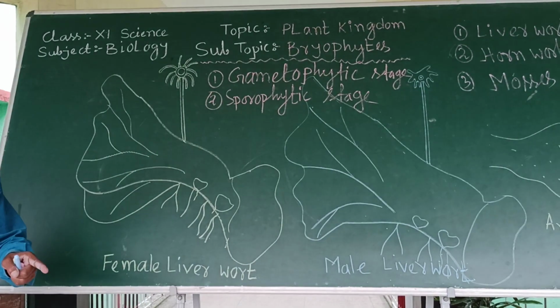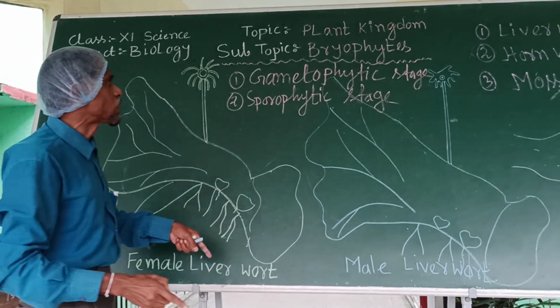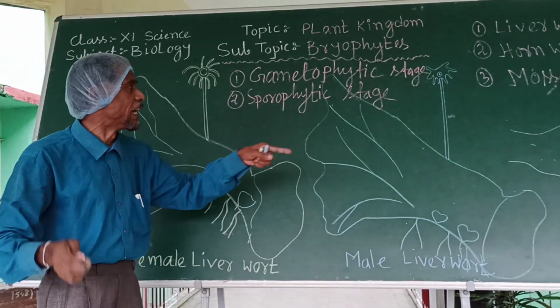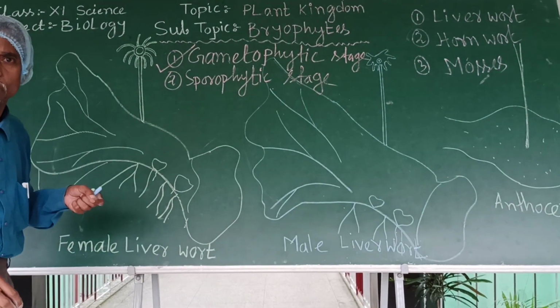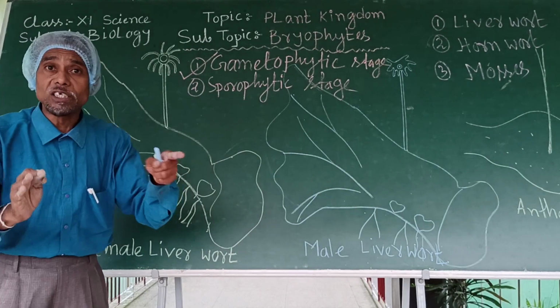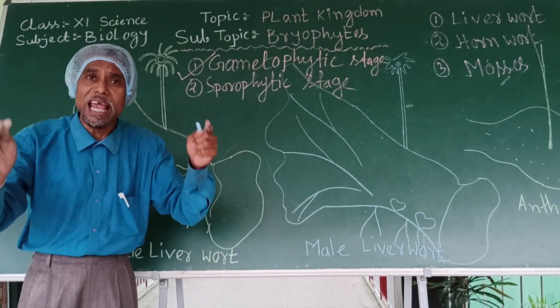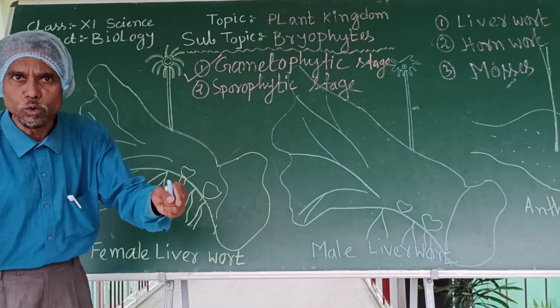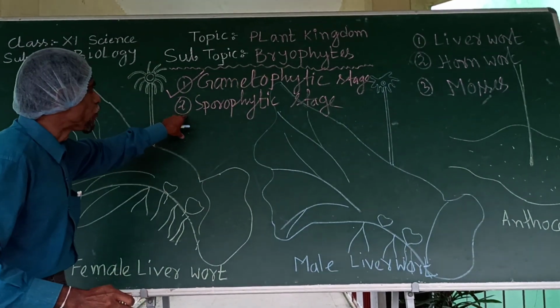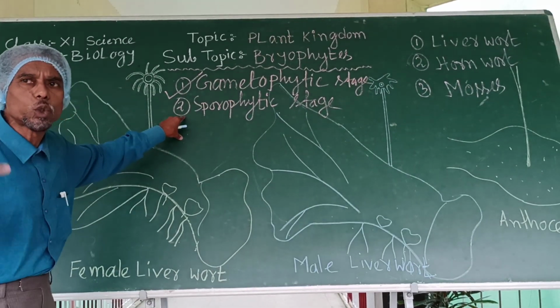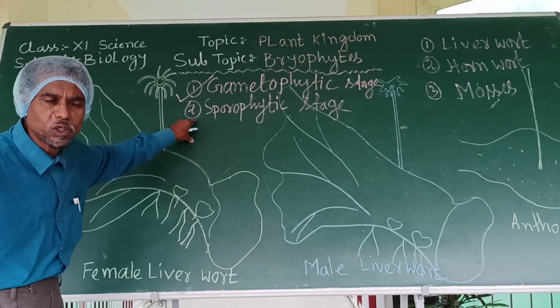The predominant stage in the life cycle of bryophyte is the gametophytic stage, which is by nature haploid, having n number of chromosomes in its body, whereas the sporophytic stage is short-lived.